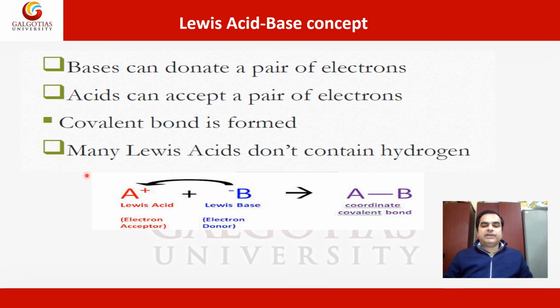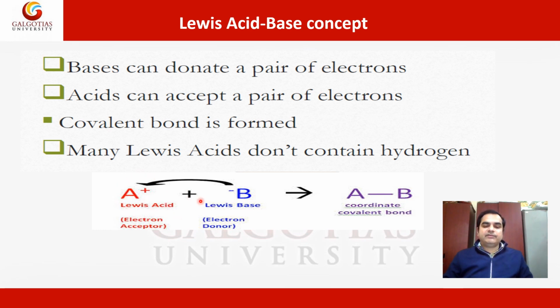We know that many Lewis acids don't contain hydrogen. Taking a general example, in this case the A plus ion will behave as a Lewis acid because it is an electron acceptor, while this B negative ion is a Lewis base which can easily donate electrons because it is an electron-rich species, while the A plus ion is electron deficient.